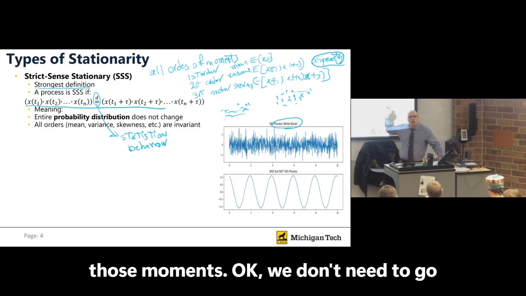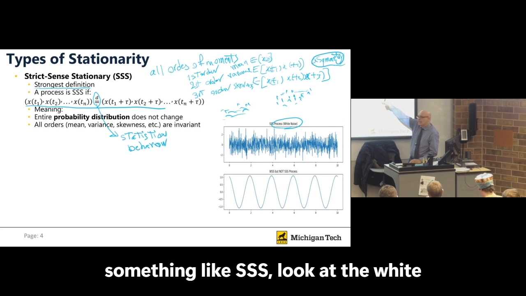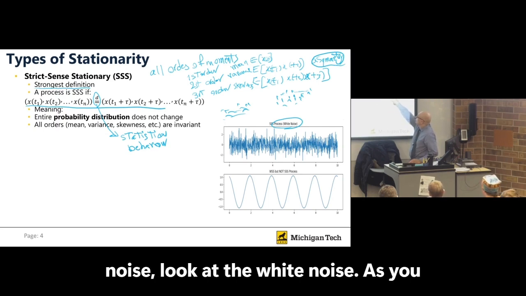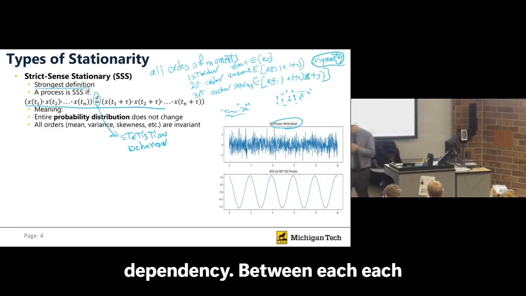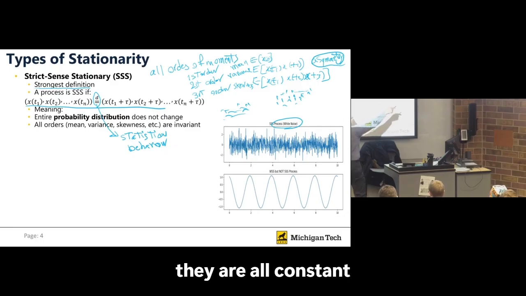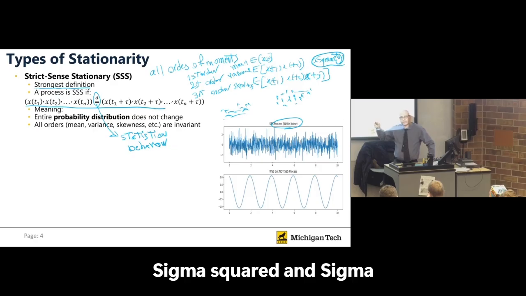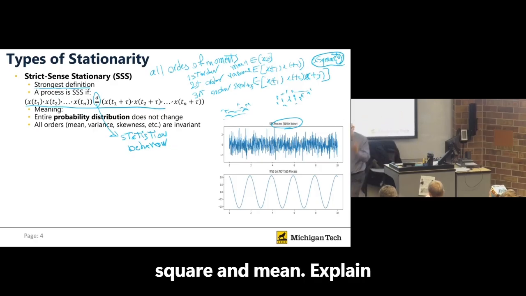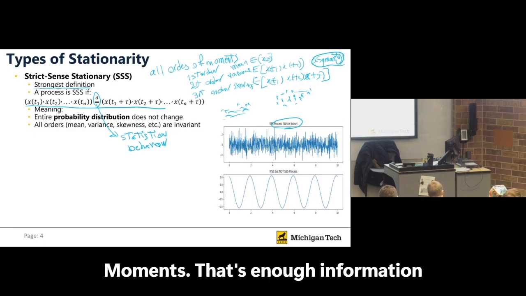Okay, we don't need to go too deep, but anytime you want to think about SSS, look at white noise. As you can see in white noise, there is no dependency between samples, and they are all constant. Mean is 0 and variance is sigma square. Sigma square and mean explain everything about it. We don't need any other moments.